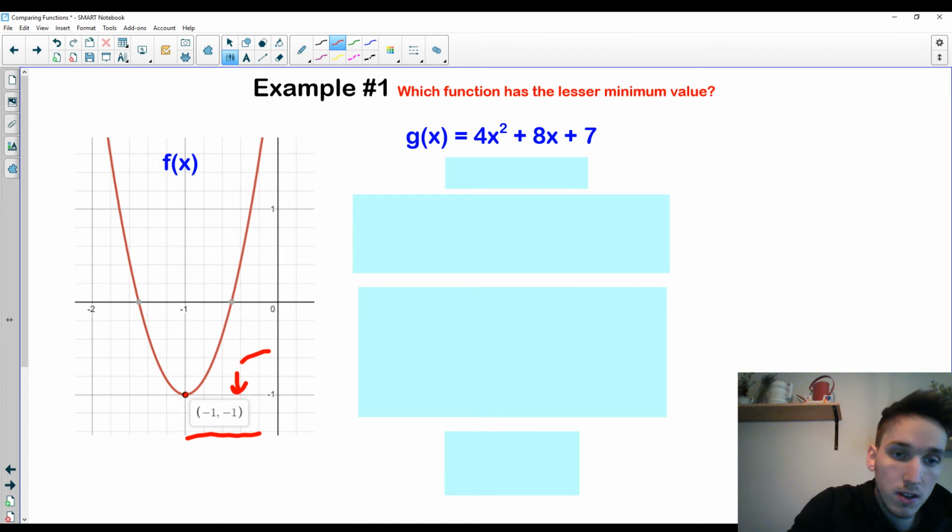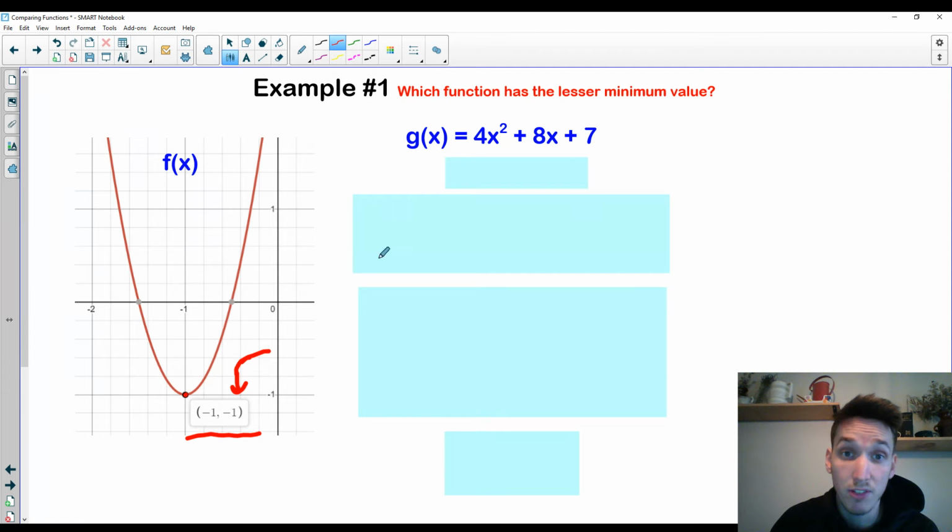It's the lowest point on the graph. So we need to figure out the minimum value for g of x to be able to compare the two. Obviously we don't have this graphed. I guess we could graph it, but I think the more straightforward, easier method is to find the vertex of this function.